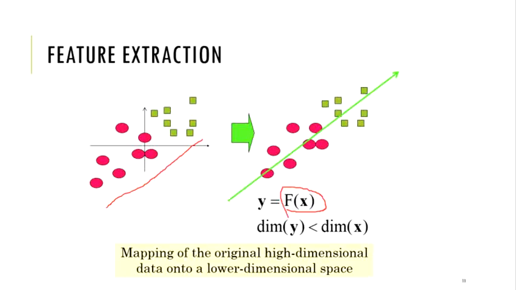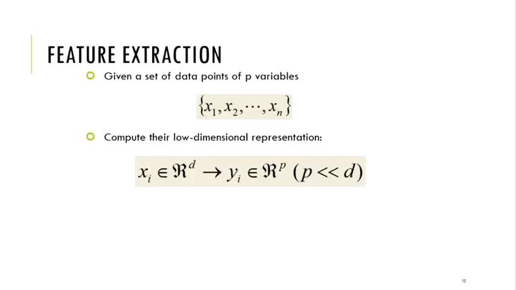So the original x data is changed into y, where the dimension of y is smaller than the dimension of x. Given a set of points x1 to xn, where each belongs to the real dimension, we convert the x's into y's, while keeping both of them in the real dimension, and the number of dimensions of yi is much lesser than xi, so we find a solution in a lower dimension.